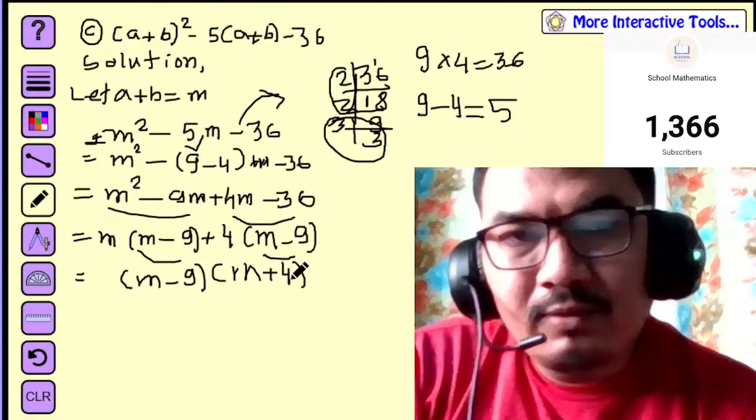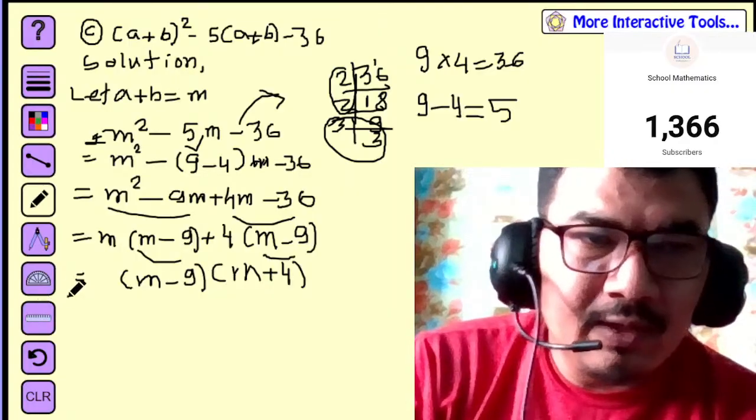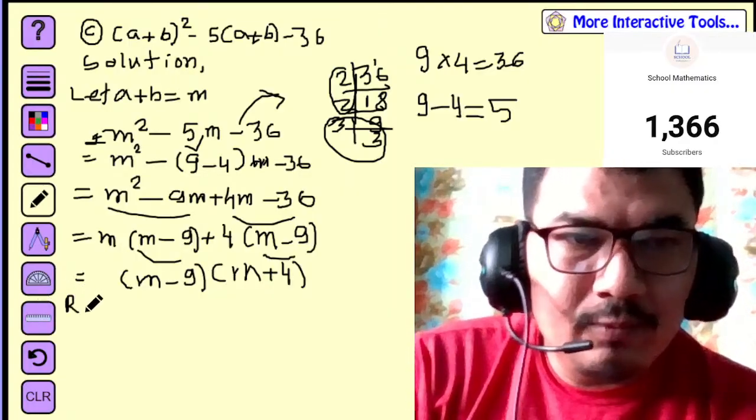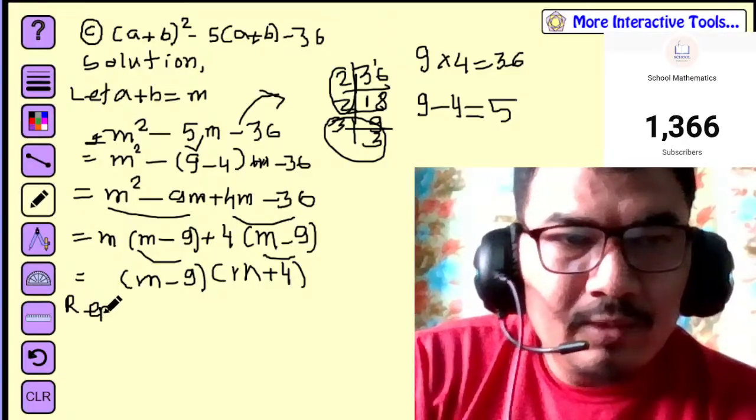After this, again we have to write here replacing the values of m.